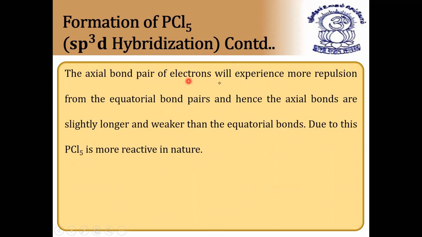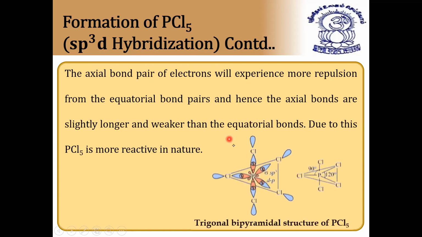So these are the two: equatorial and axial bonds. This is the trigonal bipyramidal structure of PCl5. I hope it is clear.